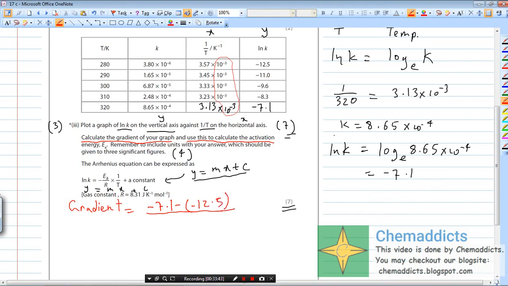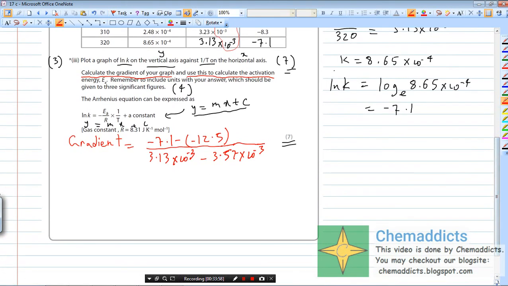Okay, so this is 3.13 into 10 to the power minus 3 minus 3.57. This is 5 into 10 to the power minus 3. Okay, so if we calculate, we will get something like this, minus 12273.